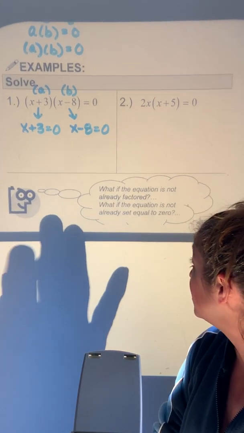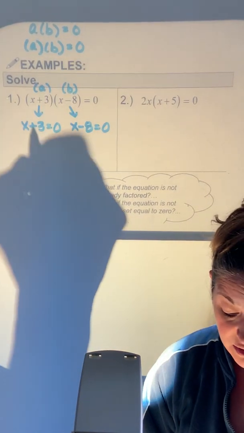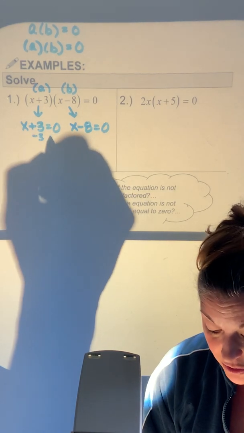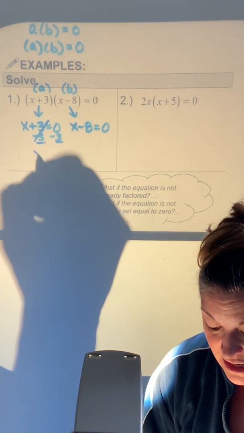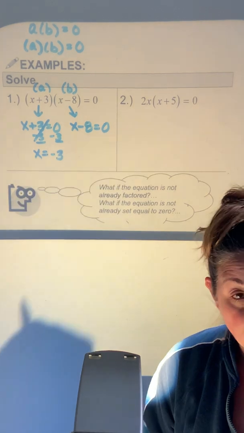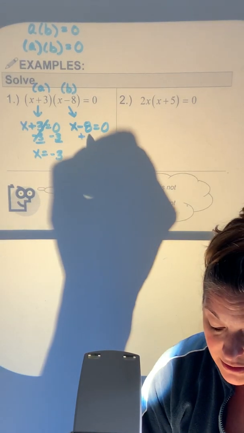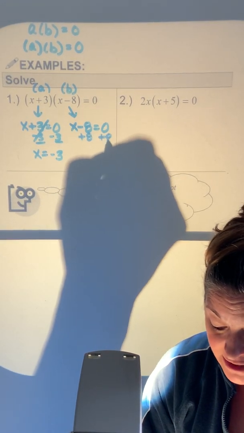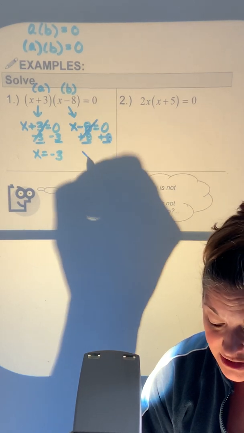So we're just going to simply solve both of those equations. So x plus 3, we'll have to subtract 3 from both sides, and that will give us -3. Over here, we'll add 8 to both sides. Remember to use inverse operations.